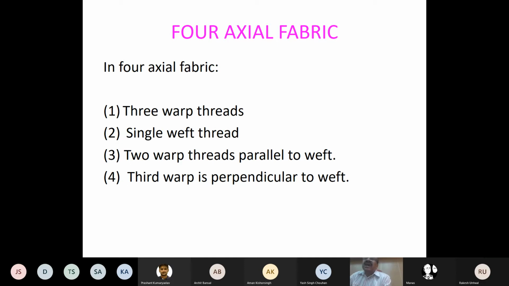Then others are 4 axial. In 4 axial, the weaving is carried out with 3 warp, 1 weft, or 2 warp, 2 weft.